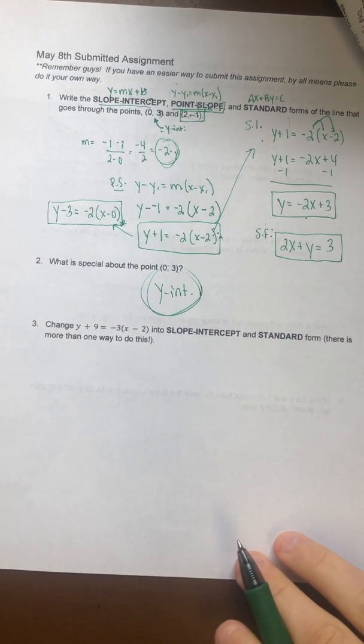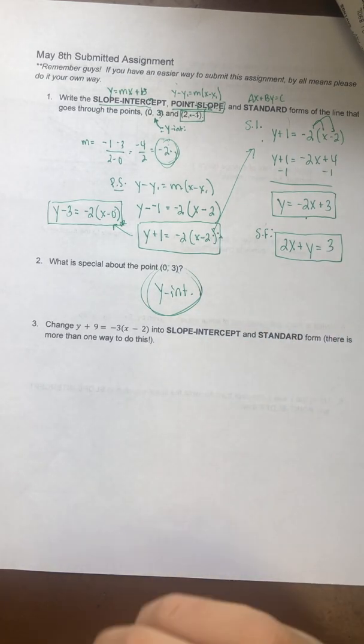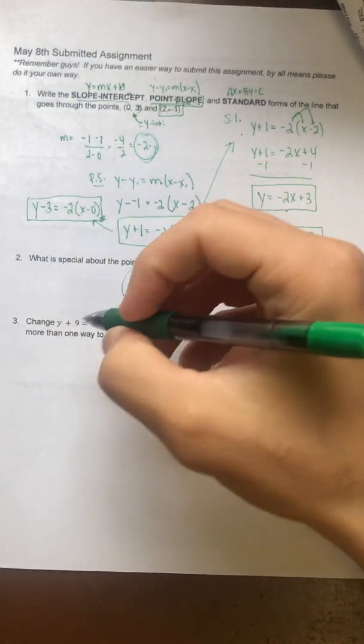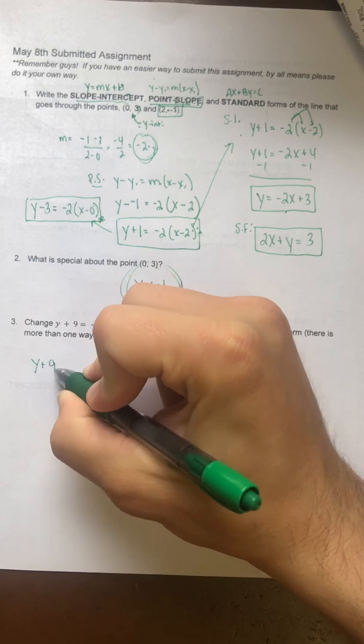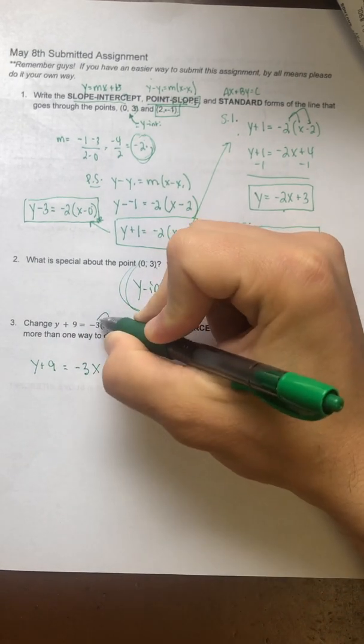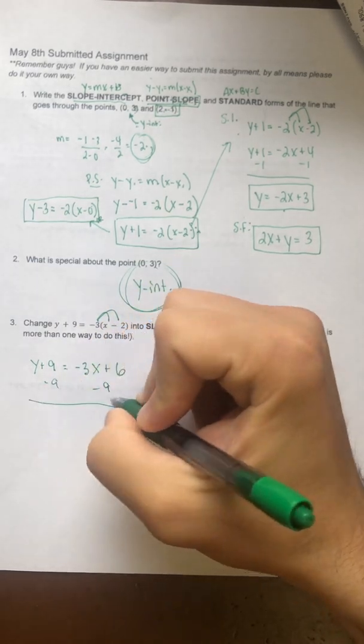Change y plus 9 equals, so that's in point slope form, to slope intercept and standard. There is more than one way to do that, but I'm going to do what I did up top there. I think that's the easiest way to do it. I'm just going to manipulate this. So I'm going to distribute the -3. I'm going to subtract the 9 to the other side.